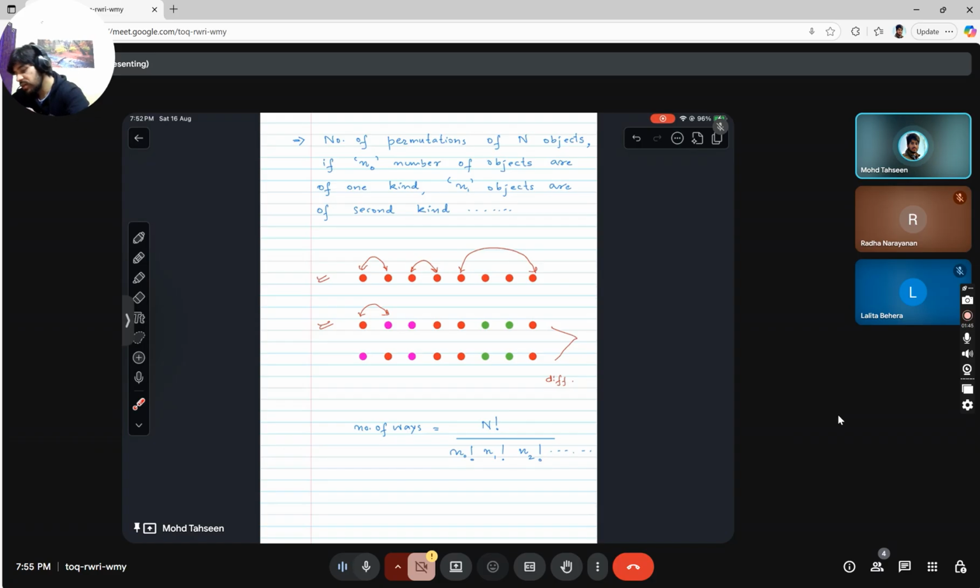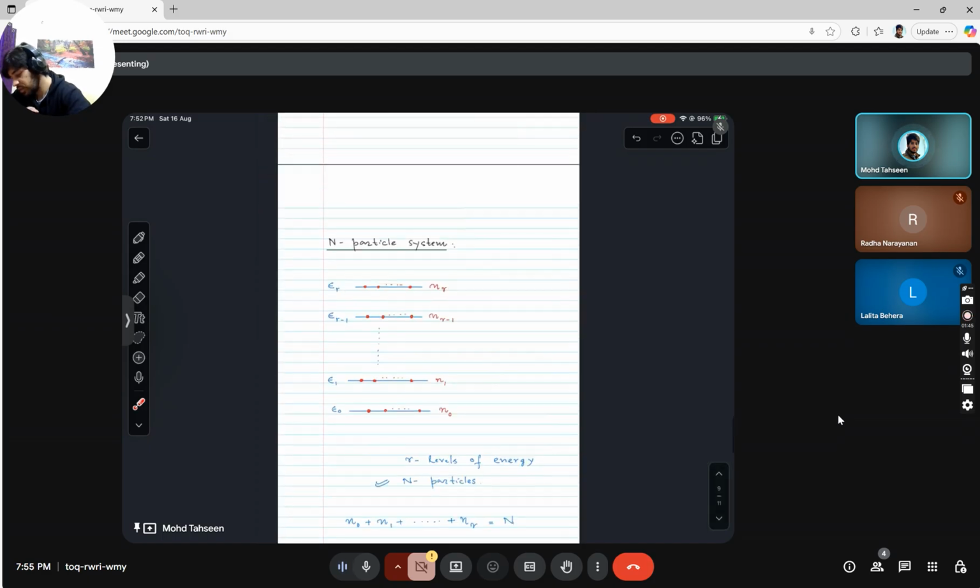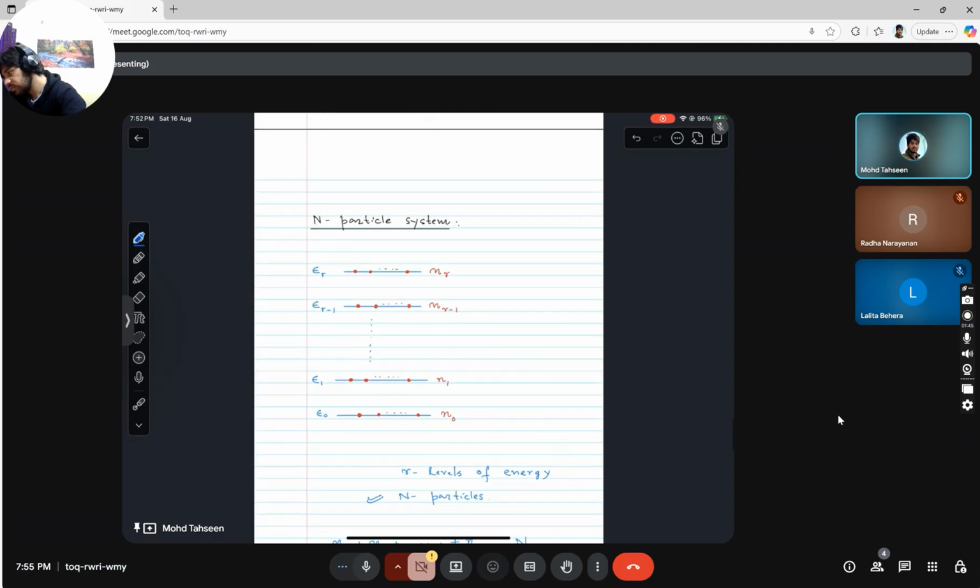Okay, similarly we will use this concept here in exploring this n particle system. If we use the same system here, then the number of ways for this particular microstate will be n factorial, where n is the total number of particles, divided by n0 factorial, n1 factorial, and so on up to nr factorial.